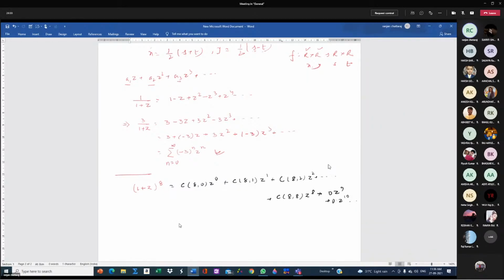So how do you write this? You can write it in the form C(8,r) x to the power n, n from 0 to infinity. For n greater than 8, the rest of the terms become obviously 0.